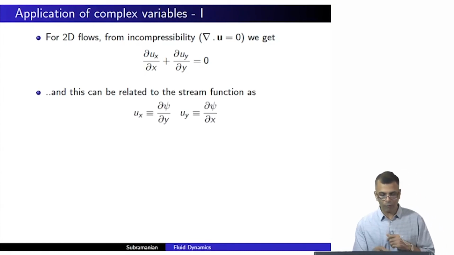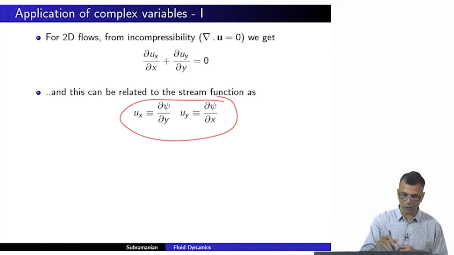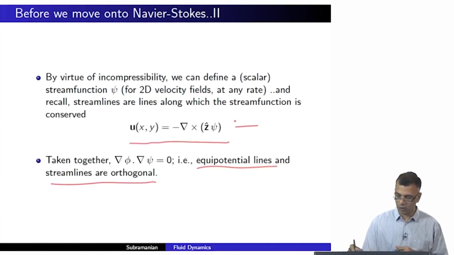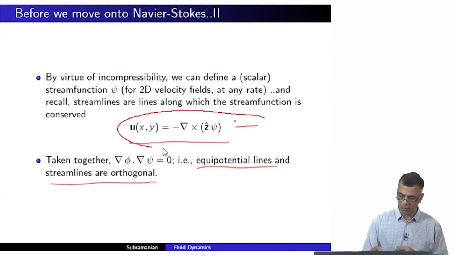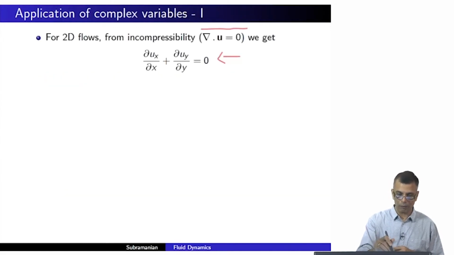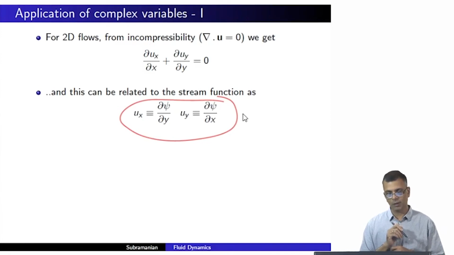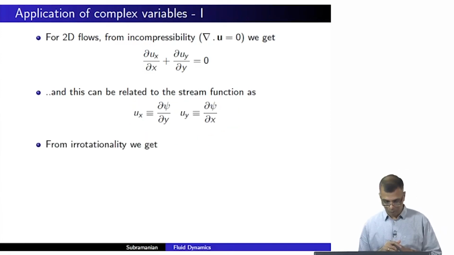That simply follows from the definition of the stream function. You only have ux and uy, and therefore from this definition you just take the curl and this follows. This is from incompressibility.